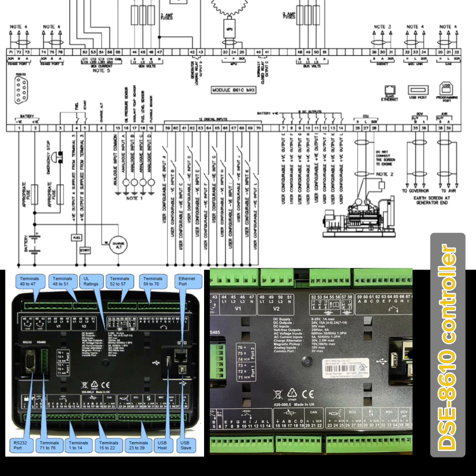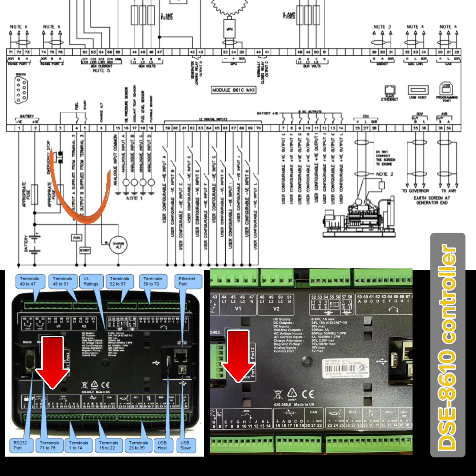Guys, first of all, here is the first jack, points 1 to 14. Number 1 is the negative supply and number 2 is the positive supply. Number 3 is the emergency switch supply.